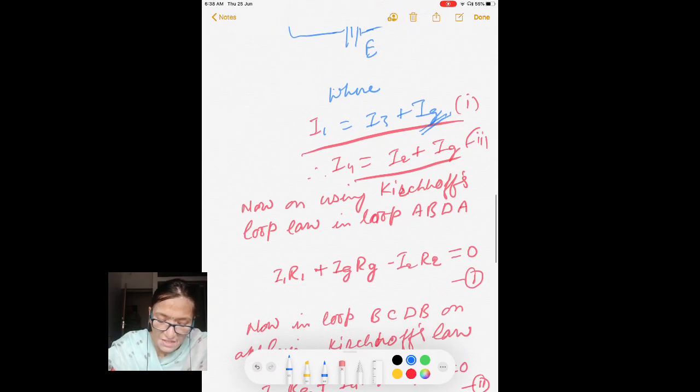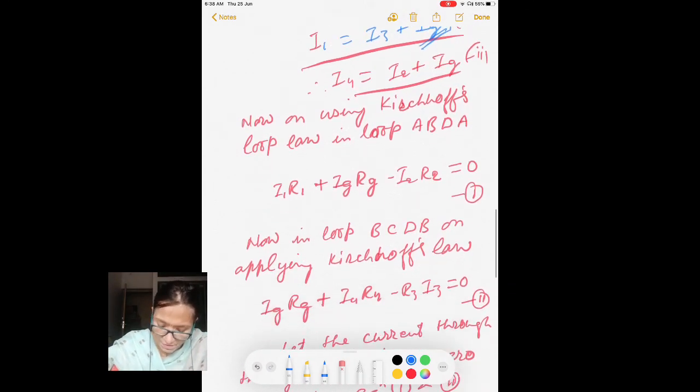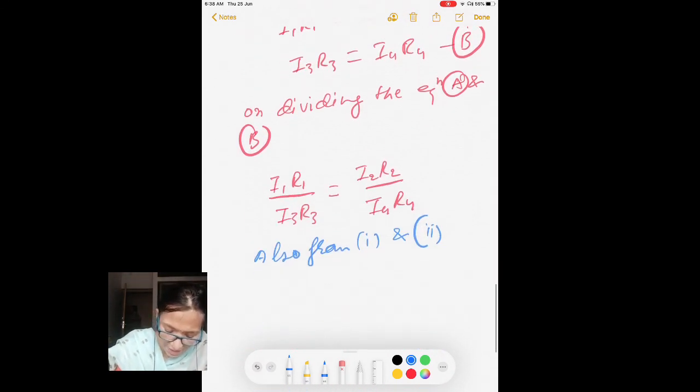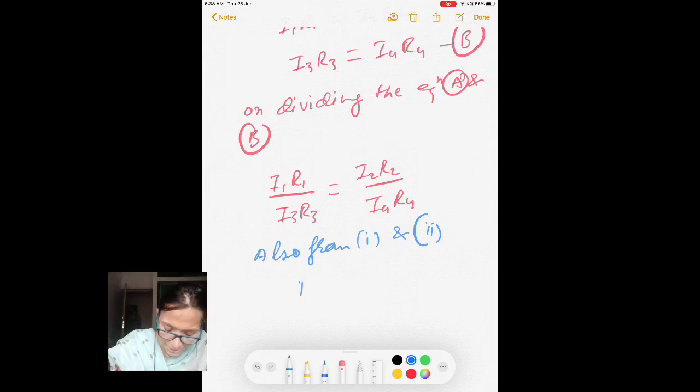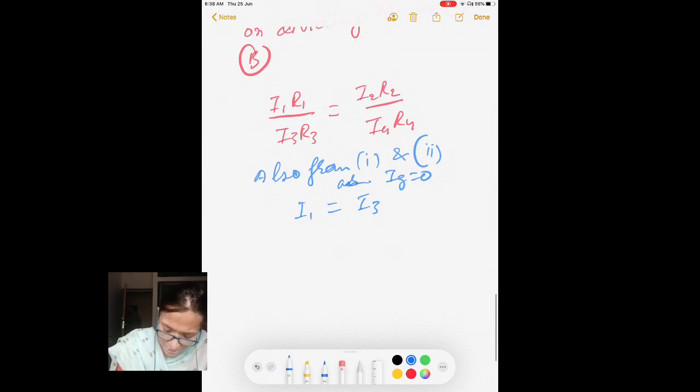So I1 is equal to I3, and as Ig is equal to 0, I2 is equal to I4.